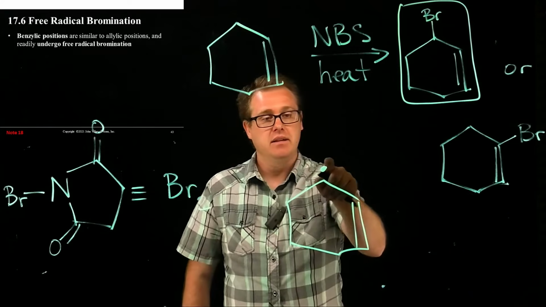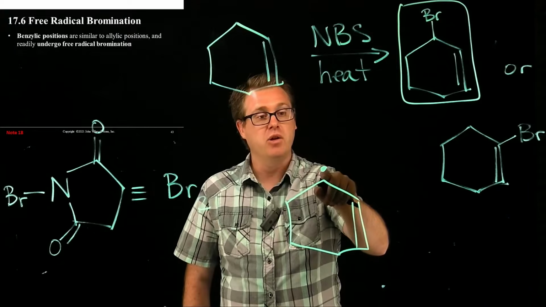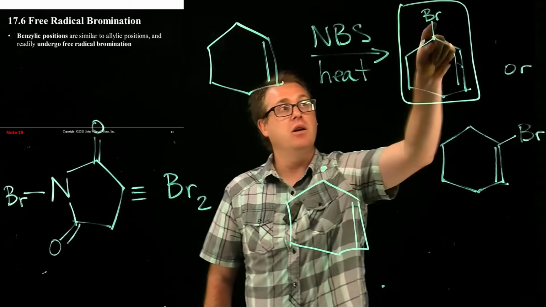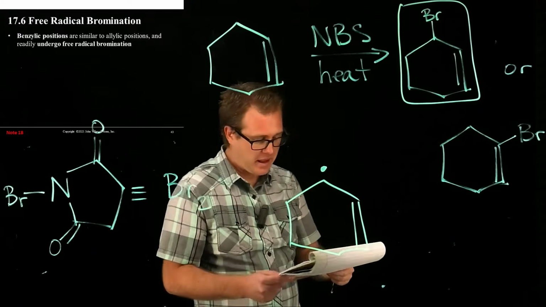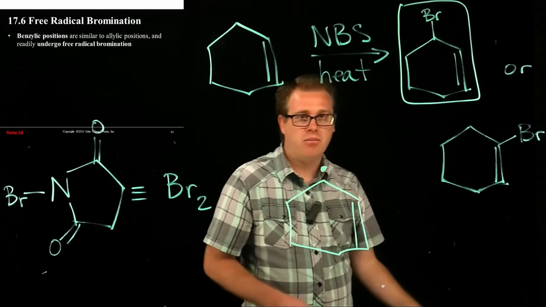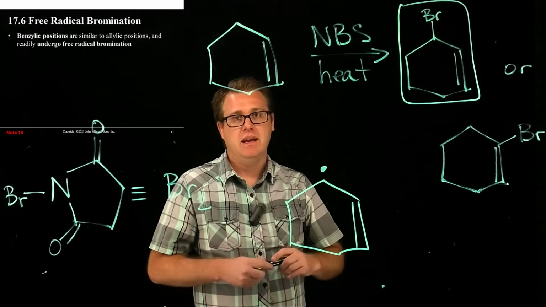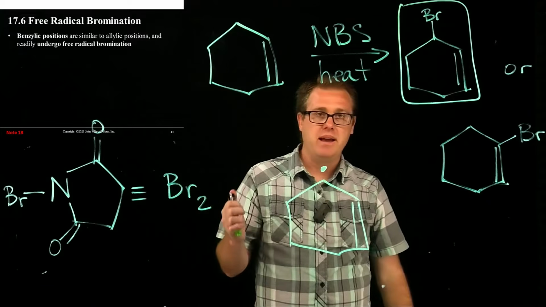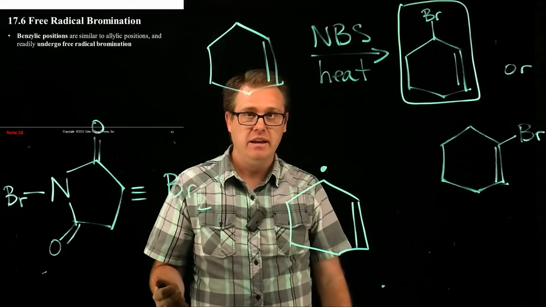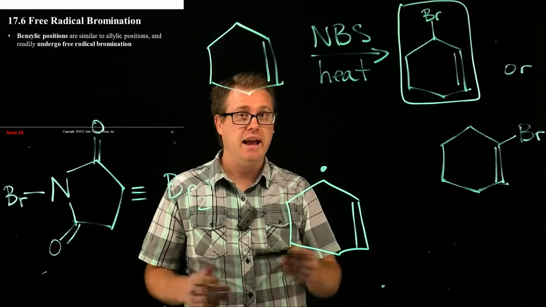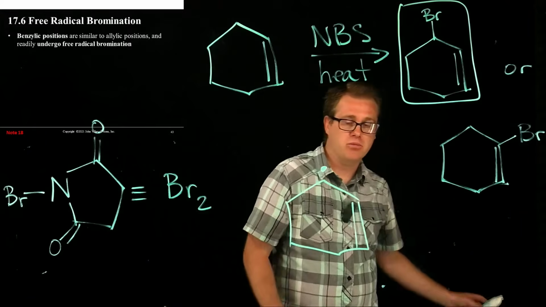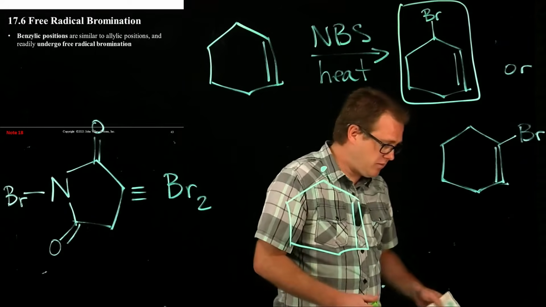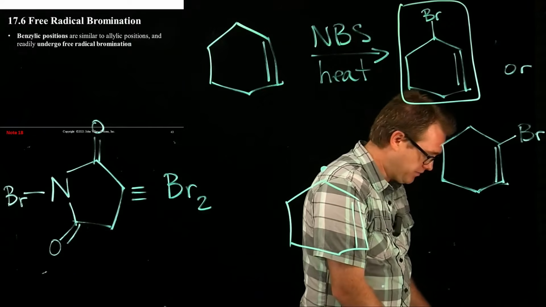This radical is then used to help form a bromine-carbon bond. The reason I'm bringing this up is because the benzylic carbon behaves like the allylic carbon in the radical bromination of alkenes.